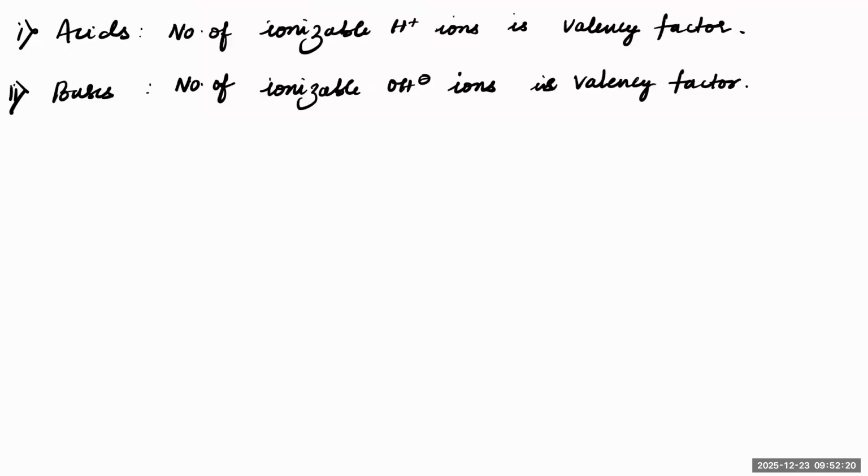For example, if you notice these examples, suppose I have HCl, HBr, HI, HF, correct? These four acids, if you compare their valency factor or N factor, it is 1. Why?